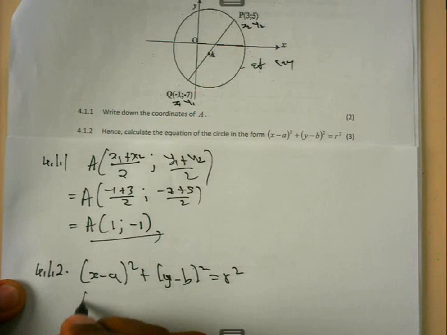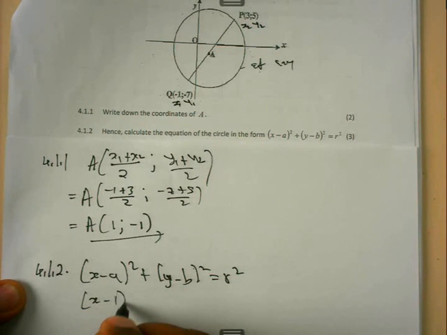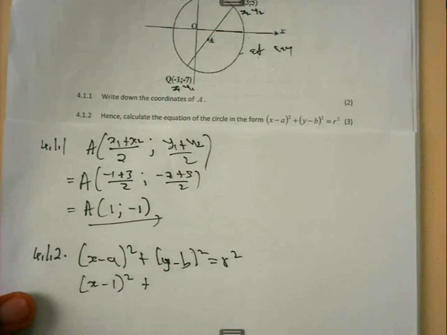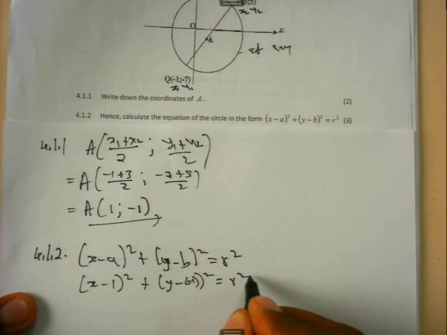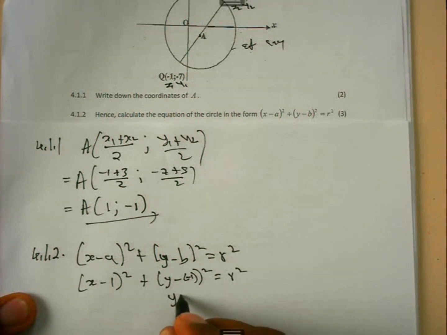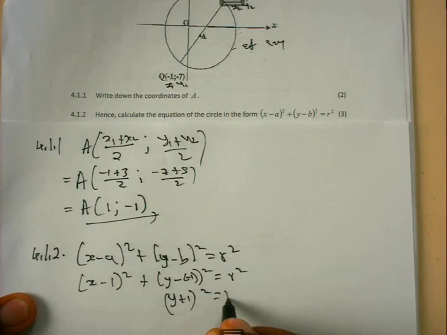The center gives a as 1 and b as negative 1, so (x - 1)² + (y + 1)² = r².